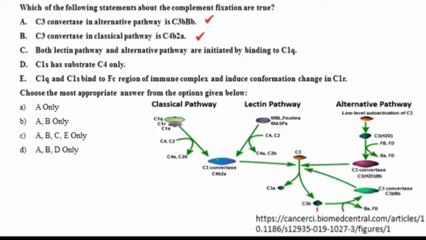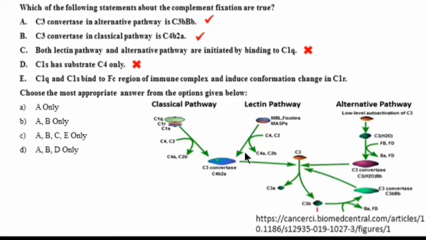Our next statement, statement C, is both lectin pathway and alternative pathway are initiated by binding to C1q. No, actually the classical pathway is initiated by C1q, so this statement is incorrect. Next, C1s has substrate C4 only. As you can see in the figure, C1s also acts on C2.